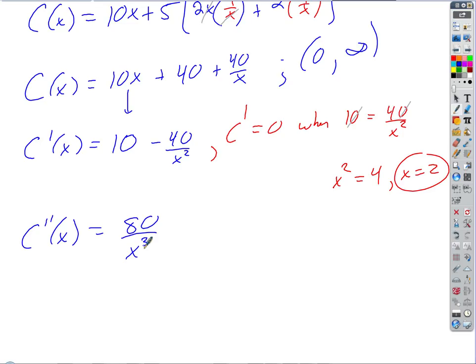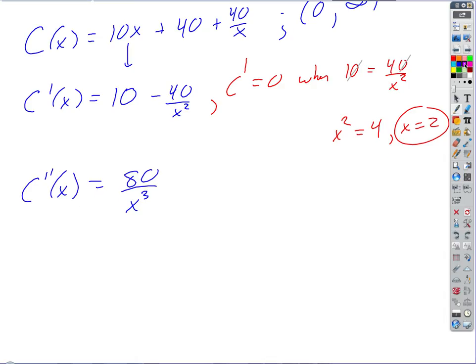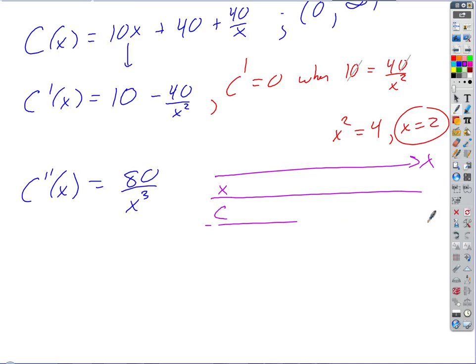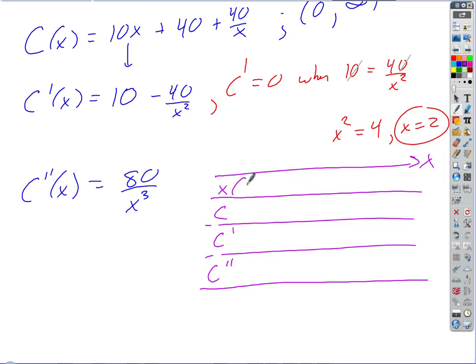So then if we do our table, we have 0 to infinity, and our critical number was 2. That was a 0 of the first derivative. We got a positive second derivative, so this is a minimum.